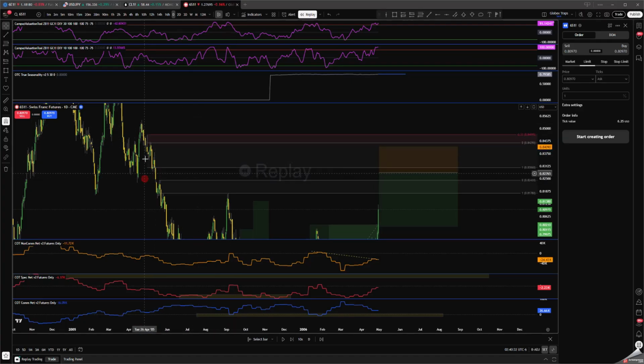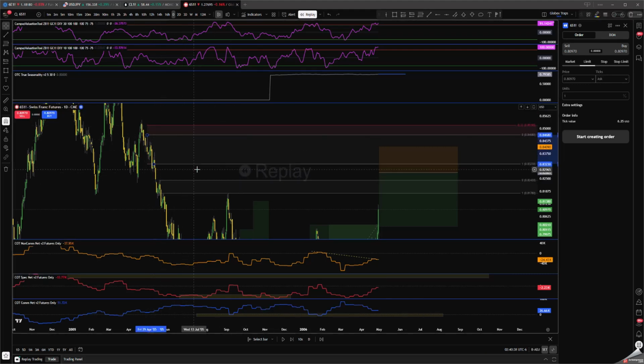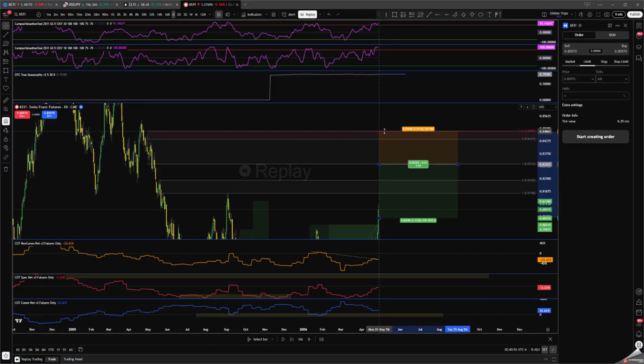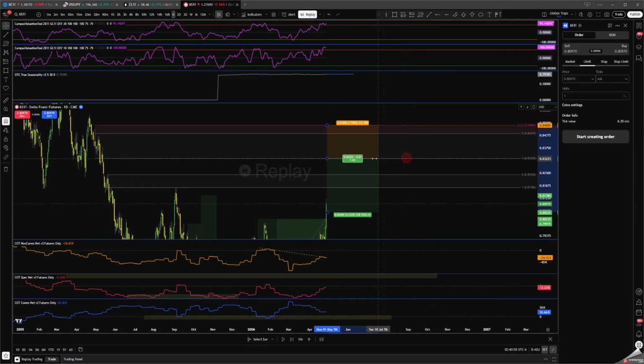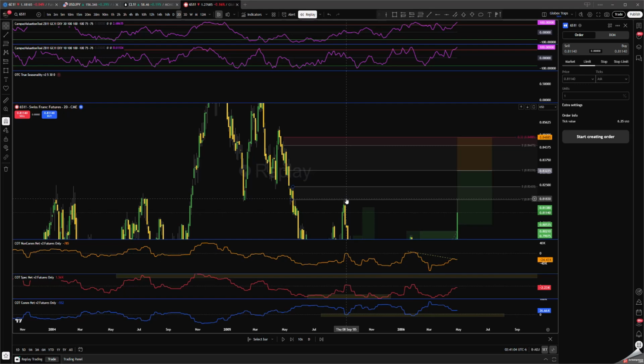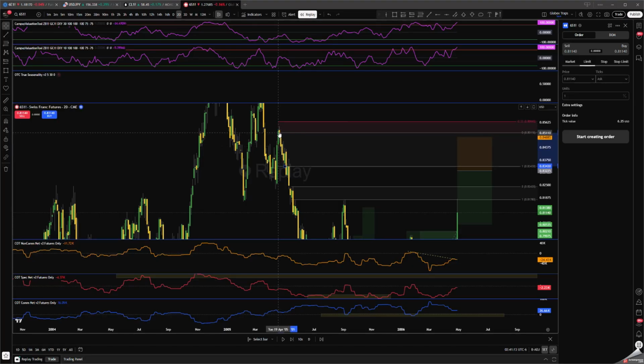Entry is a little tighter, so I have a better risk to reward. And I would like to enter here. If I look at the 2-day, is there any good zone here? Maybe 2-day like that, and stop loss slightly above this area.